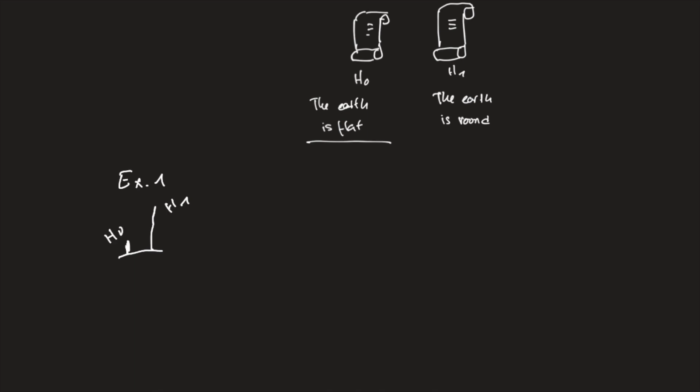This is the amount of evidence, right? This is the evidence axis. And here we find in the first experiment that we have really low evidence that hypothesis 0 is true, and we have a lot of evidence that hypothesis 1, so the Earth is round, is true.